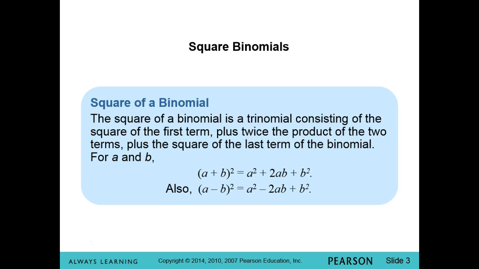So let's start with square binomials. What do we mean by that? The square of a binomial is a trinomial. You multiply 2 binomials together.